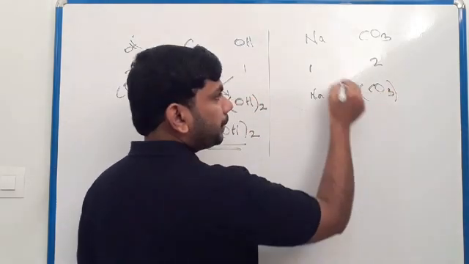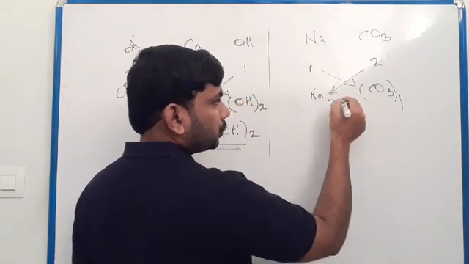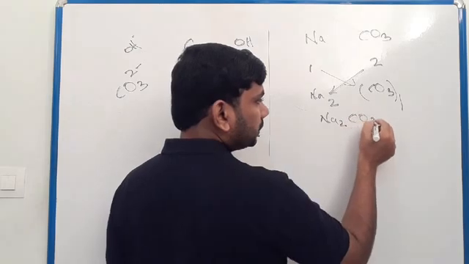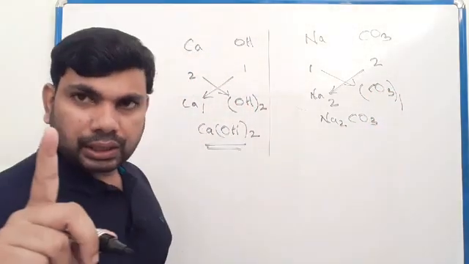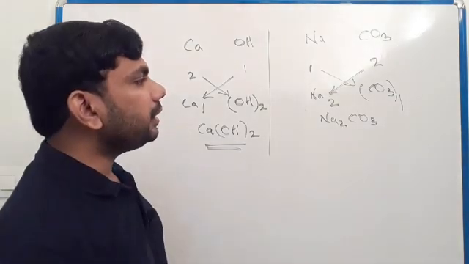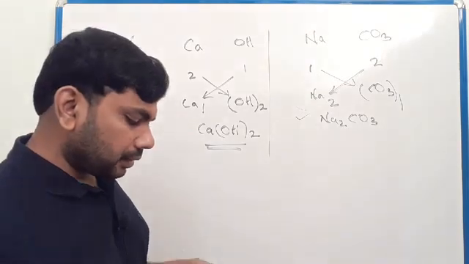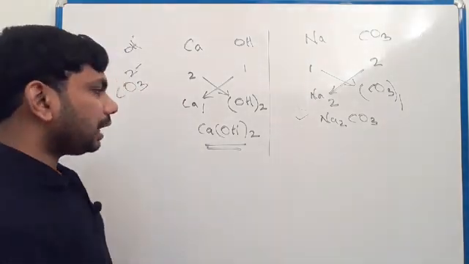Polyatomic molecule, put bracket. Here 1, here it is 2. So here it will be Na2CO3. CO3 in bracket, outside the bracket 1, no need. So Na2CO3, this is the formula. Clear? Here last one, ammonium sulfate.